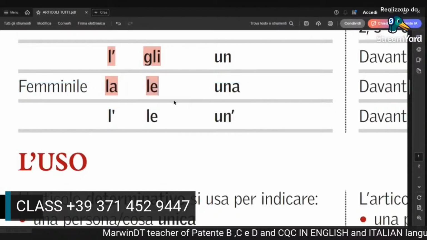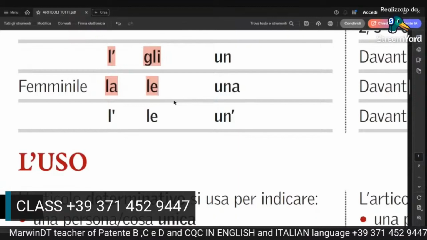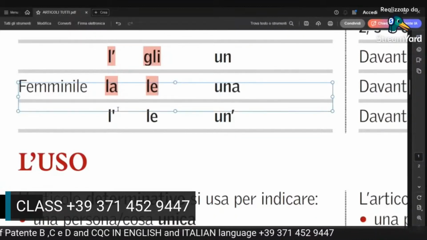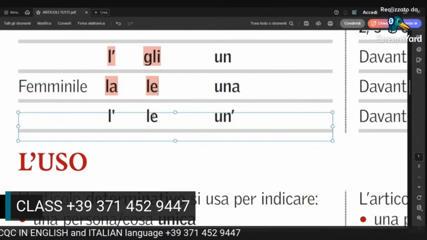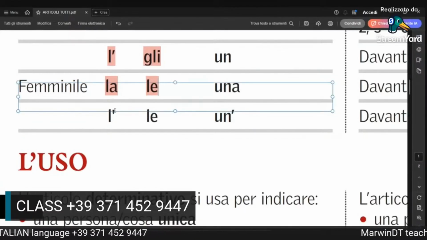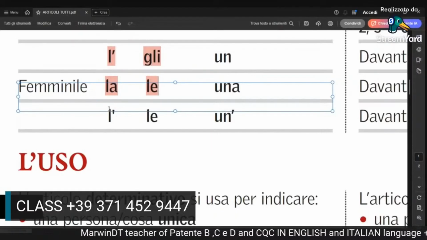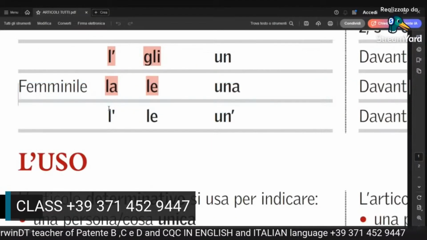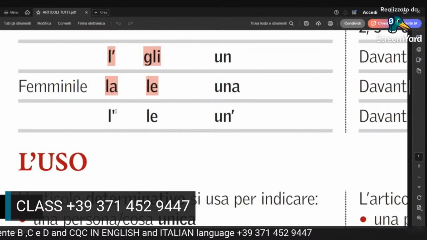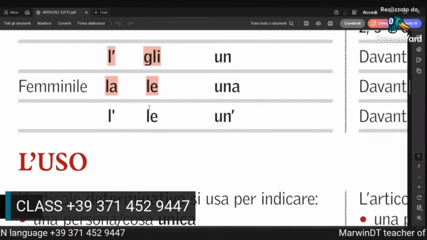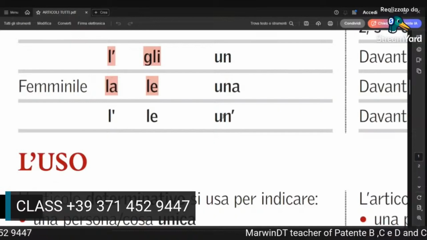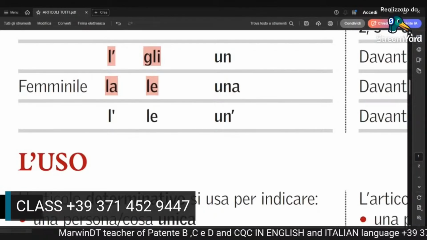Remember, we are talking about articolo determinativo. Then from l apostrophe, it becomes le again. The l apostrophe is supposed to be la, but instead of la, it becomes l apostrophe for the singular, and the plural of l apostrophe becomes le. Now let's see why it changes in this manner.